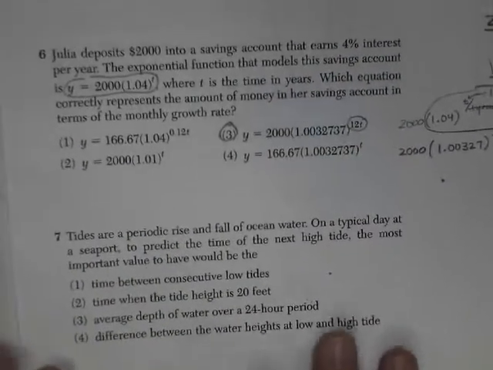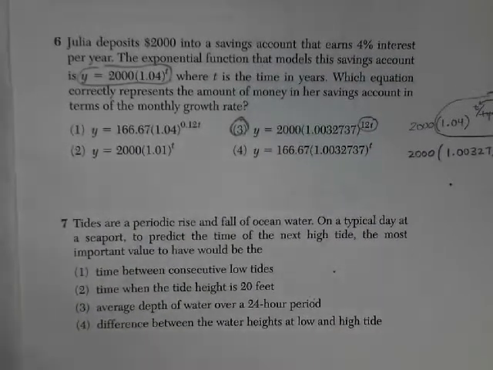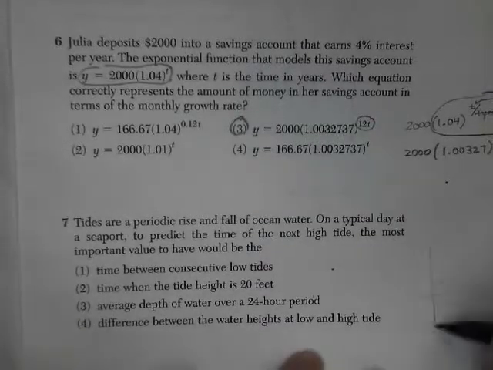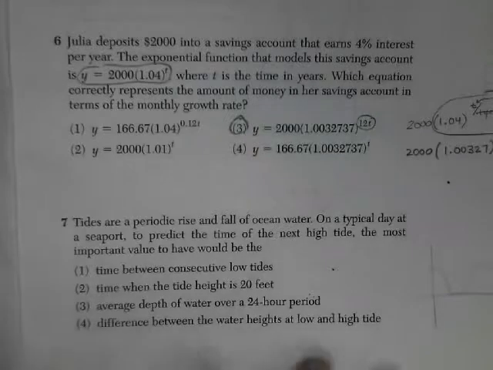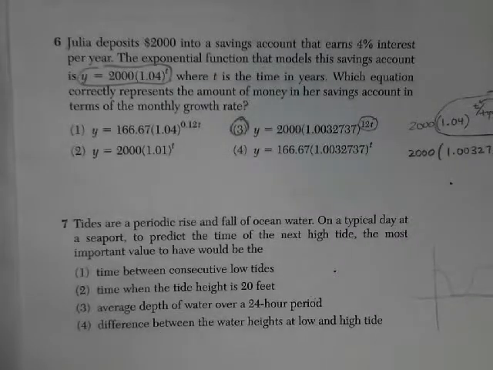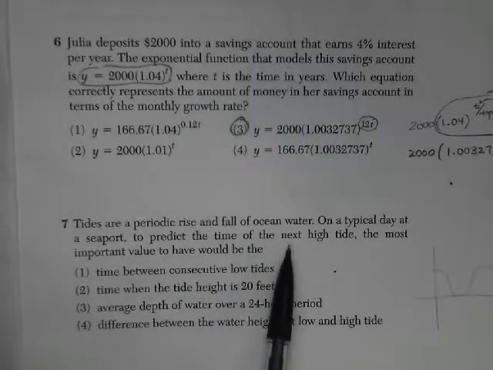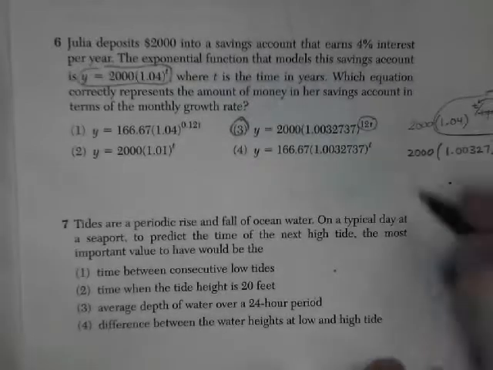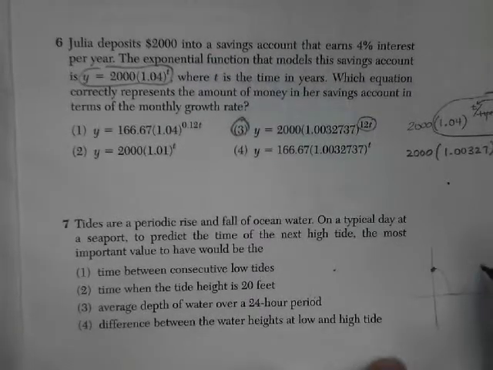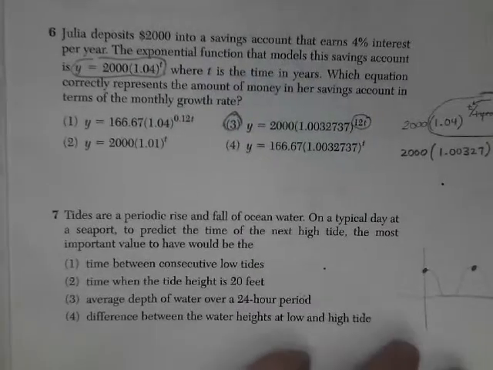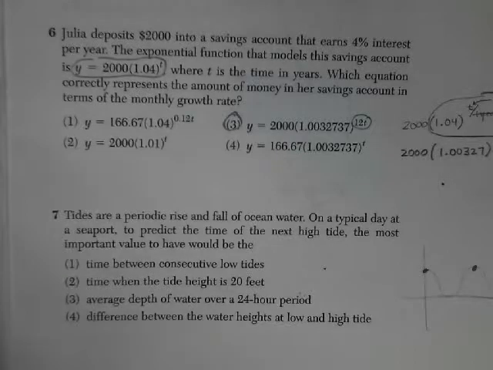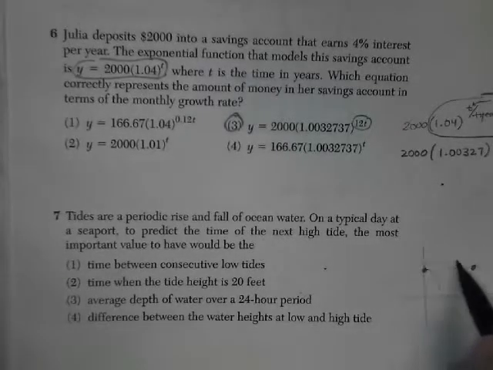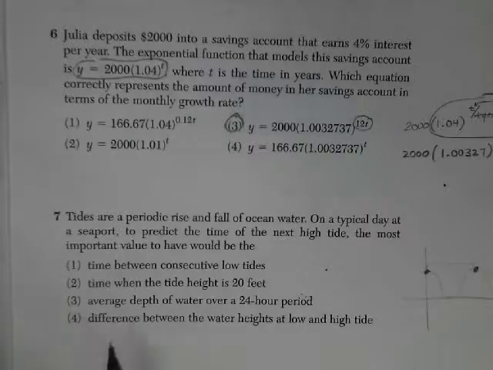Number 7 is, I see tides, I think trig. So tides are a periodic rise and fall of ocean water. So you know your tides go from high tide to low tide to high tide to low tide. On a typical day at a seaport, to predict the time of the next high tide, the most important value to have would be, so high tide, to know when the next high tide would be, to know really what the period is, what the length of a cycle is.